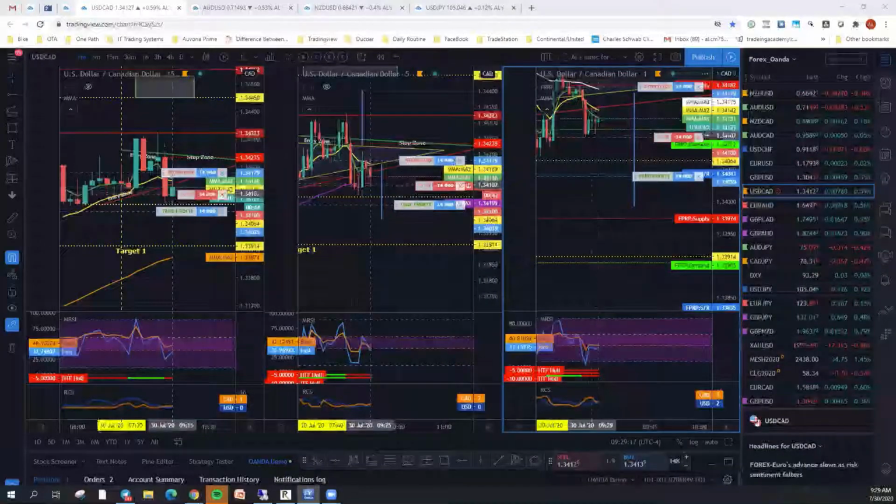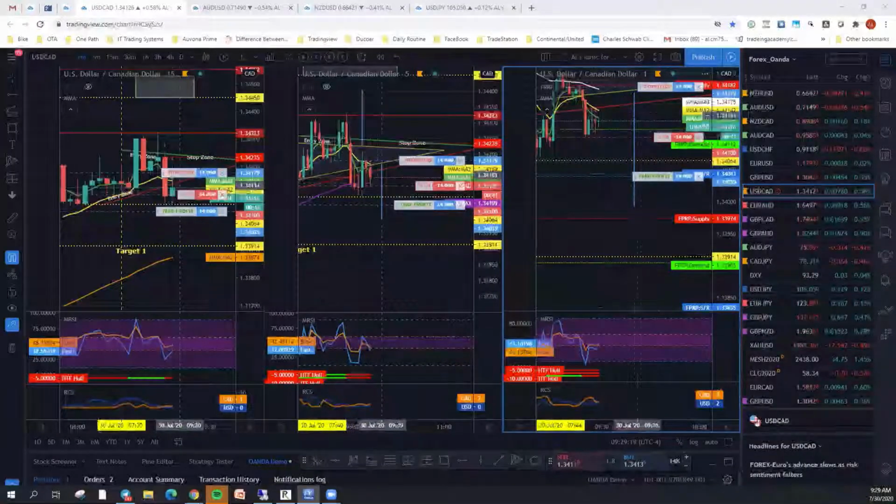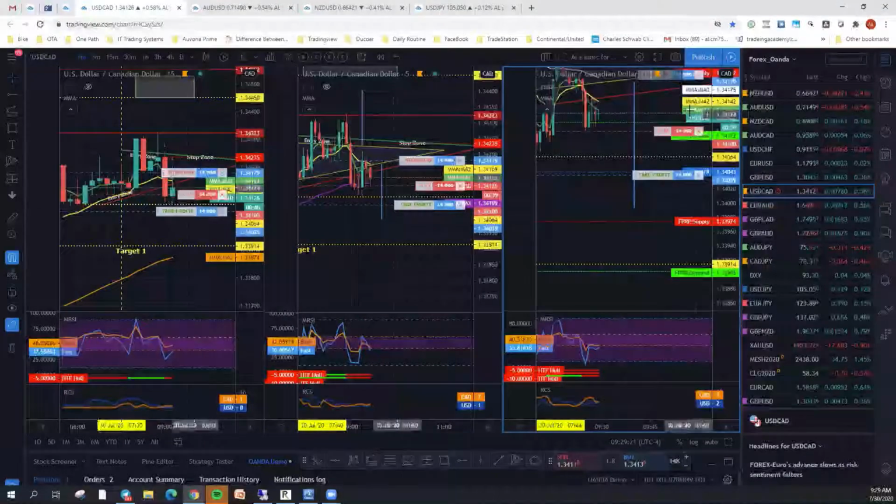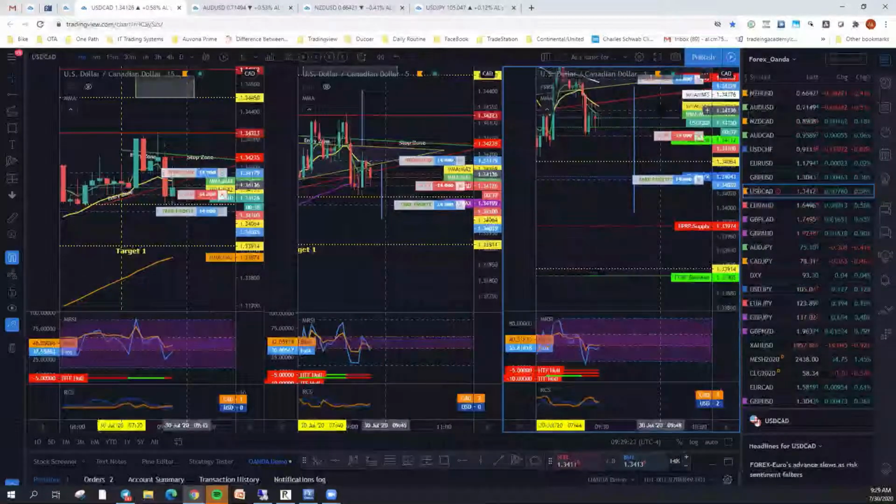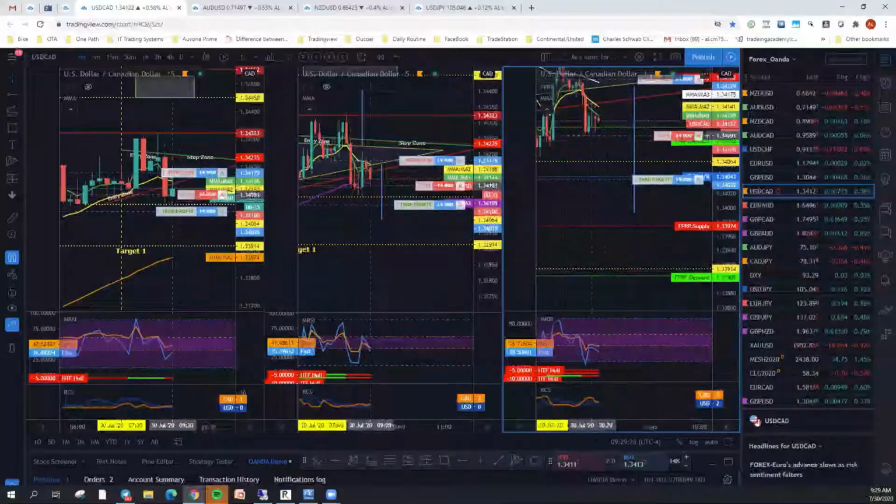Now let's see if we can get a close, another close below. It's a lot of wicks, eh? It's a lot of wicks. But spacing right in here. So spacing right below where the wedge is.